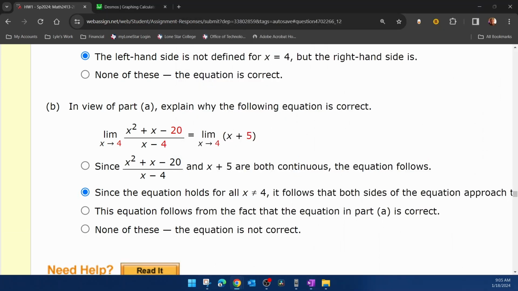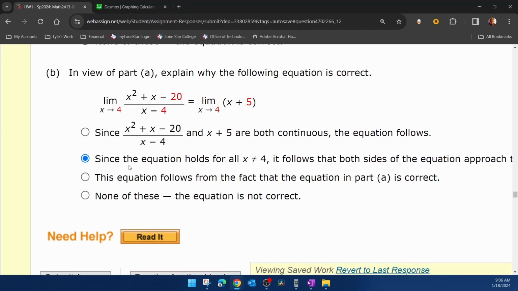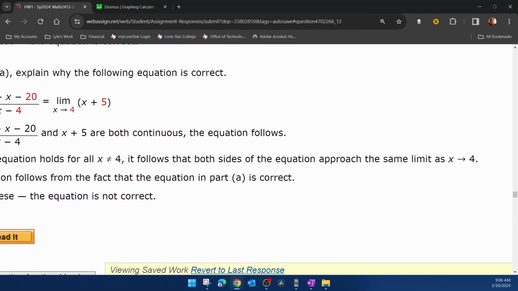Again, I want to re-emphasize that the limit doesn't care what happens at 4. It only cares about what you approach as you get close to 4. And so let's see which answer choice applies. It's not the first one because this first expression is actually not continuous at 4 because it's undefined. Since the equation holds for all x not equal to 4, it follows that both sides of the equation approach the same limit.